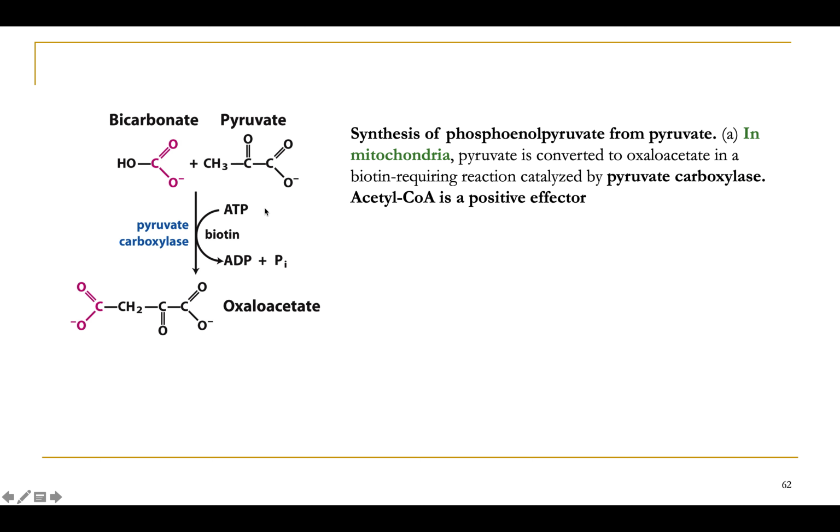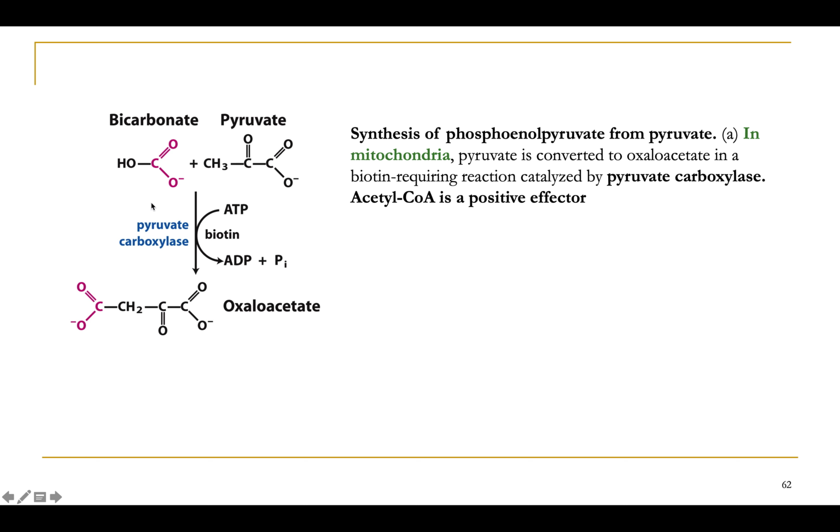So the first part of first bypass is getting from pyruvate to entry into gluconeogenesis pathway. Remember, pyruvate is the low energetic molecule. And the first thing which happens in the first bypass is to produce a molecule called oxaloacetate from pyruvate.